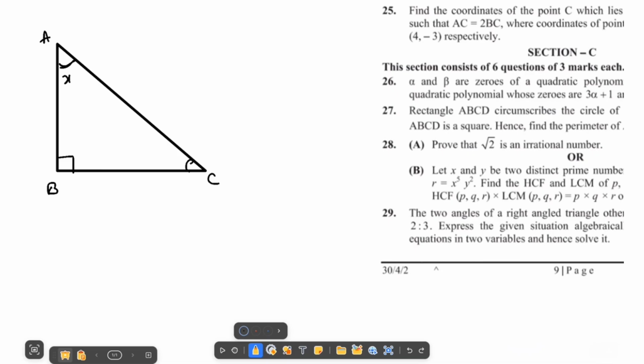Let the angle at C be y. So what is the ratio of the angle at A and the angle at C? It is given that x is to y, the angle at A is to the angle at C, is equal to 2 is to 3.